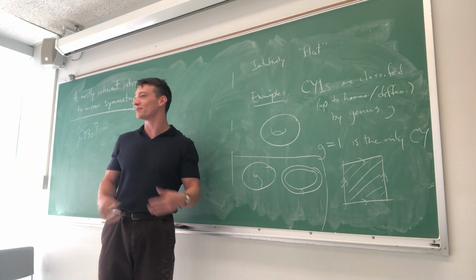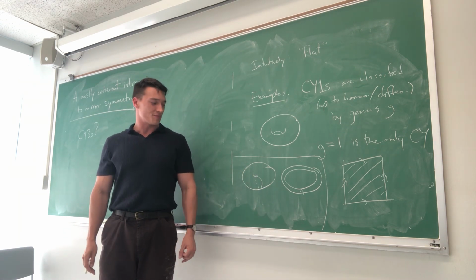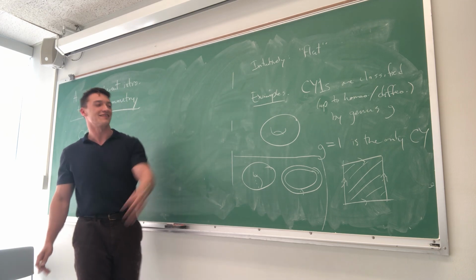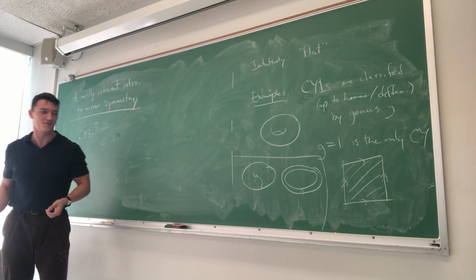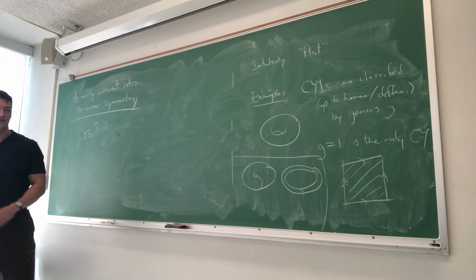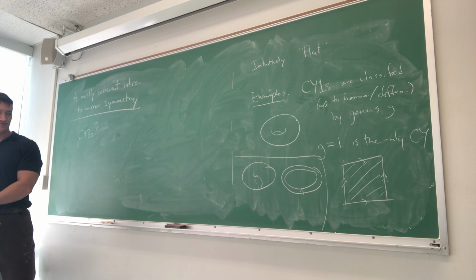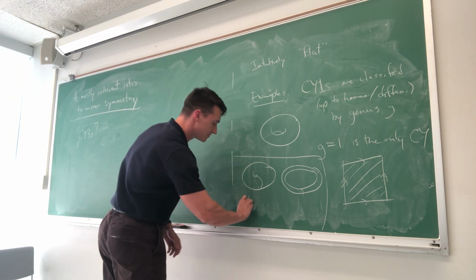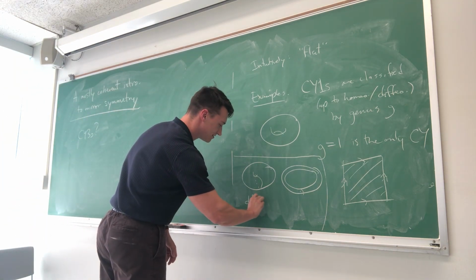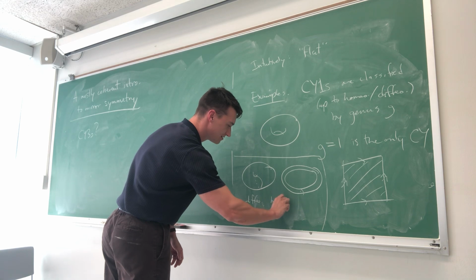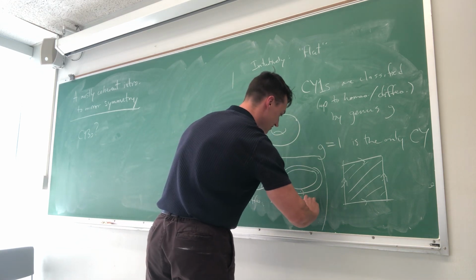They're diffeomorphic, but a complex structure is more structure than the smooth structure. At least you can talk about angles and things like that. So these are diffeomorphic, but not biholomorphic.